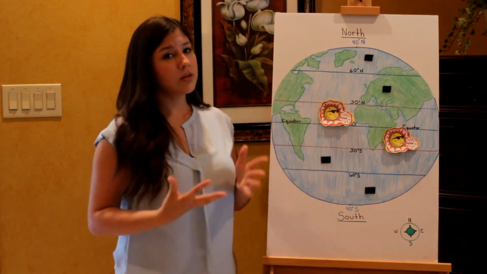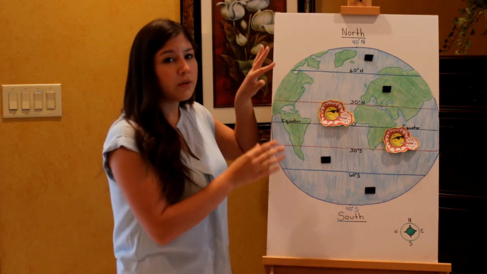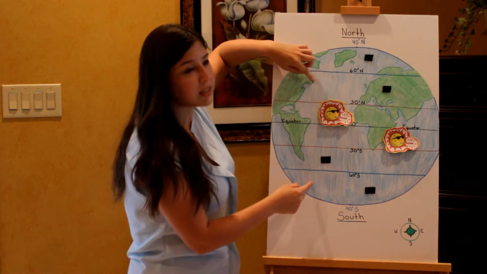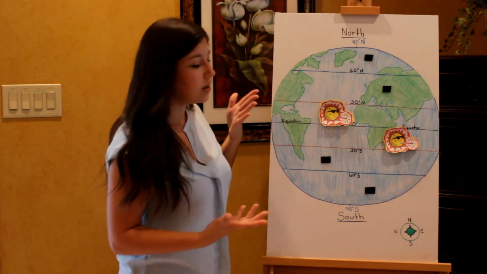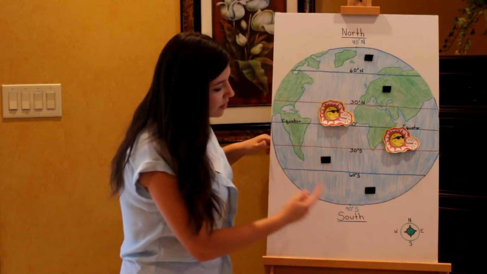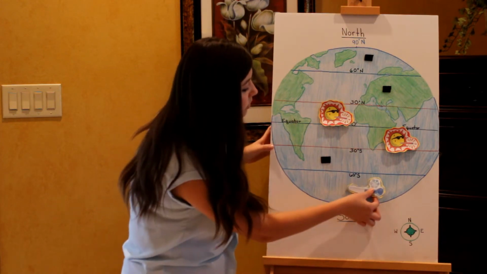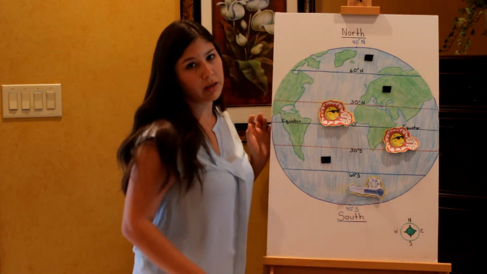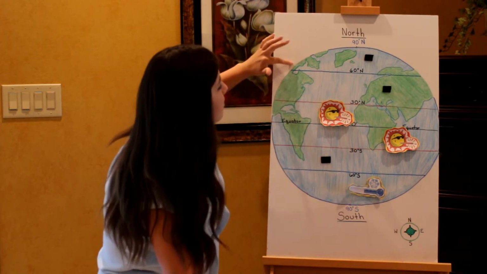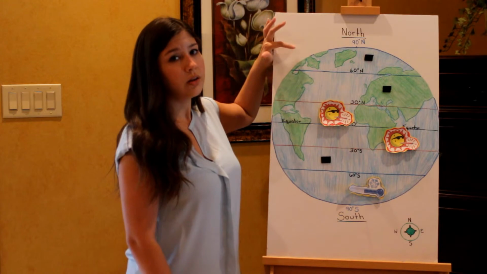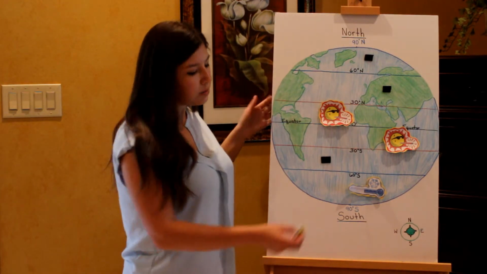Now, we also said that the further away from the equator you get, on either side in the northern and southern hemisphere, the cooler it gets. So between 60 degrees south and 90 degrees south, we have extremely, extremely cold climate. In the northern hemisphere, between 60 degrees north and 90 degrees north, we have also incredibly cold climate.